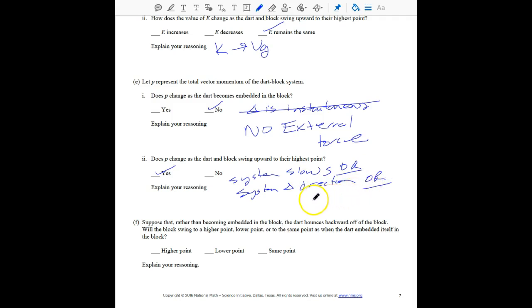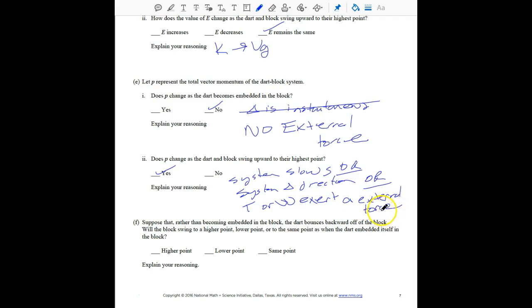System changes direction, or the tension or the weight exert external forces. So now we have tension or weight exert an external force on that system.